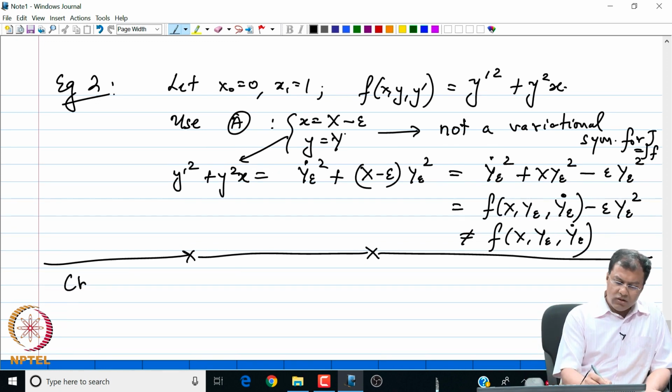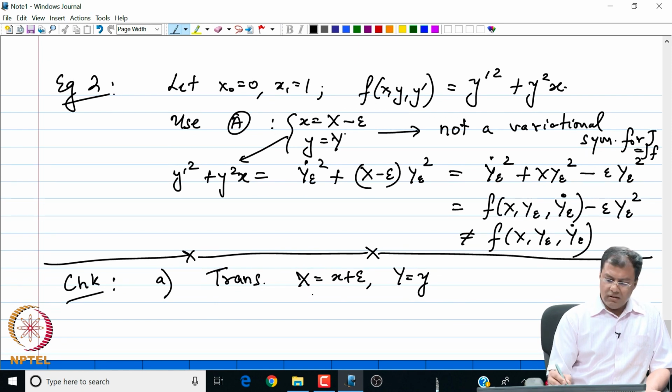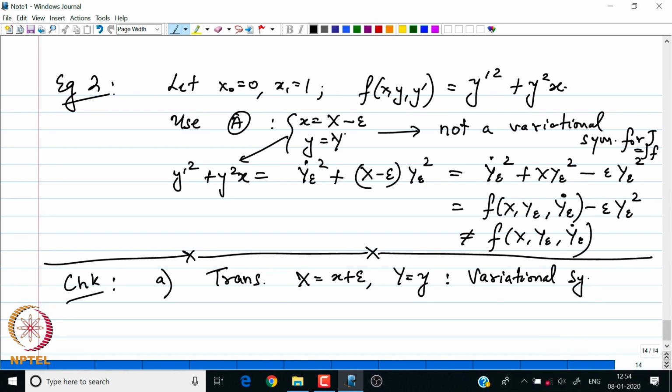Now, in general, it should be mentioned that students should check that the transformation of the type capital X is equal to x plus epsilon and capital Y is equal to small y is a variational symmetry for J given by this integral of f of y, y prime dx.